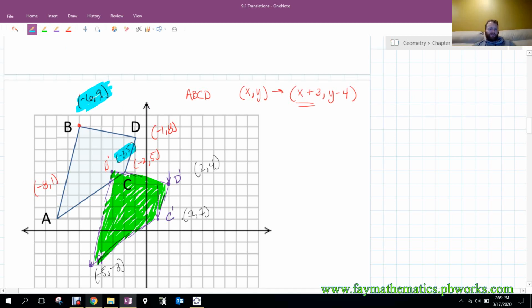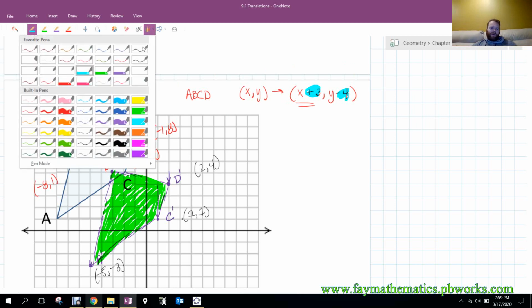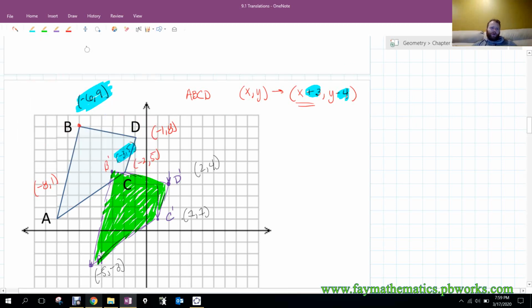If I look at those, how do they relate? Well, take this -6 and add that 3 to it. You get the -3 right here. Take this 9, subtract that 4 from it, and you get your 5 for B prime. And that pattern should be the same no matter what.